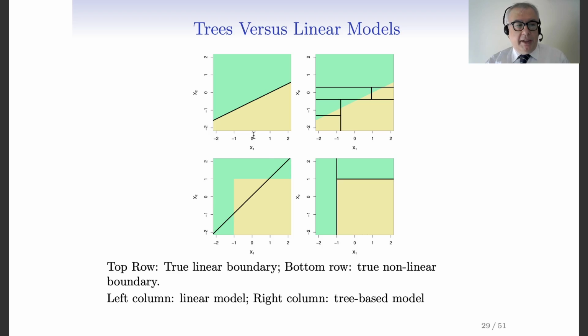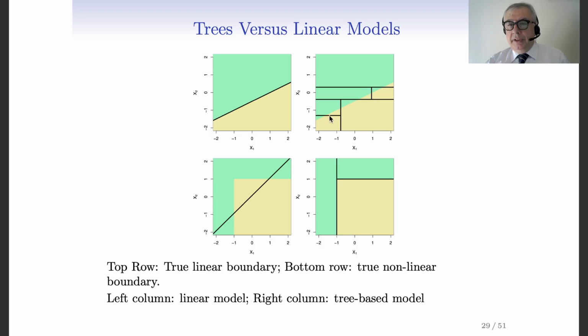So let's imagine that my problem has a natural decision boundary, meaning that this is the optimal decision boundary, for some reason we don't know why. And we don't know that this is linear, otherwise we wouldn't use decision trees. We approach the problem by decision trees, and then what is going to happen?